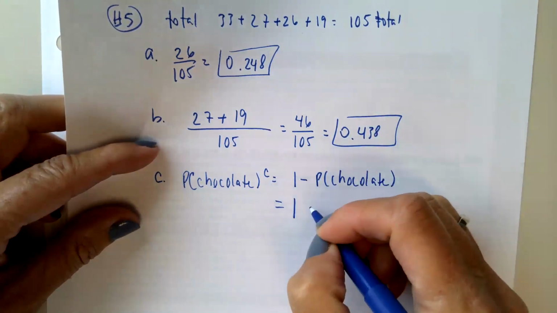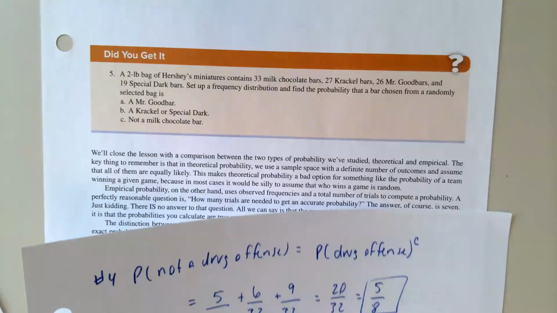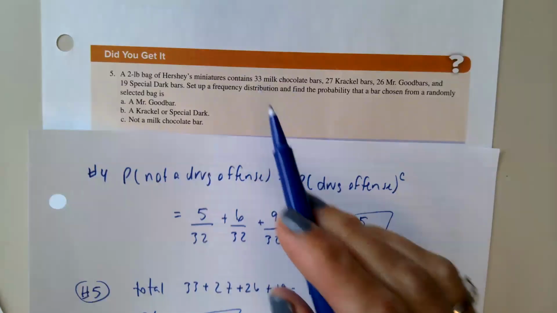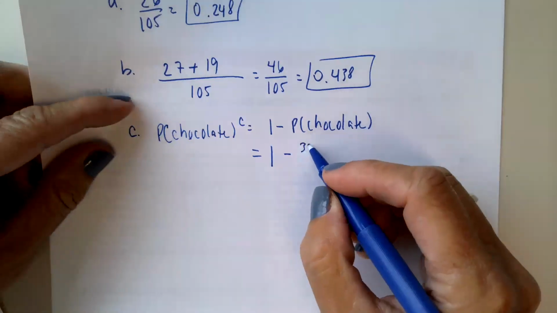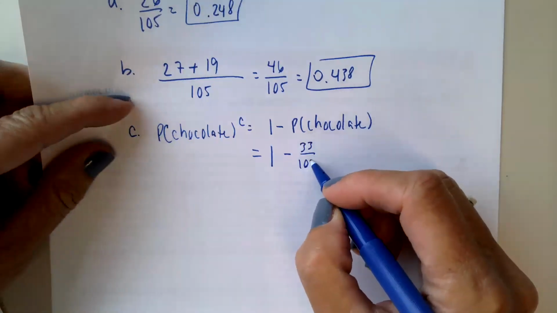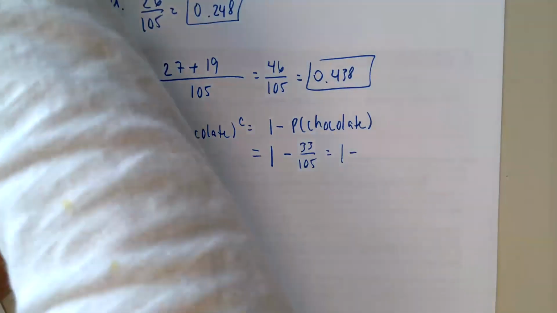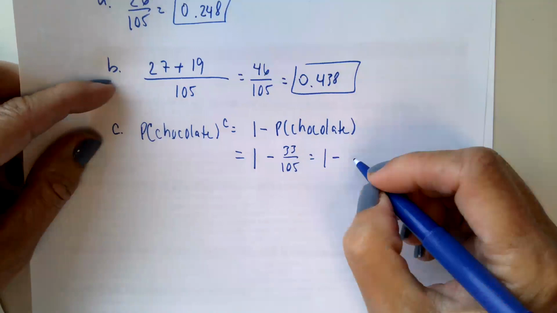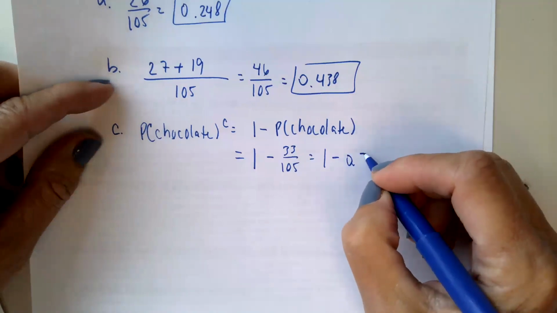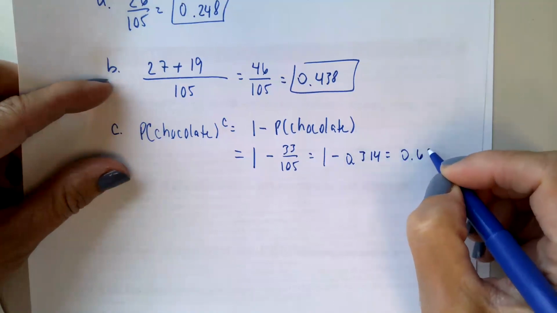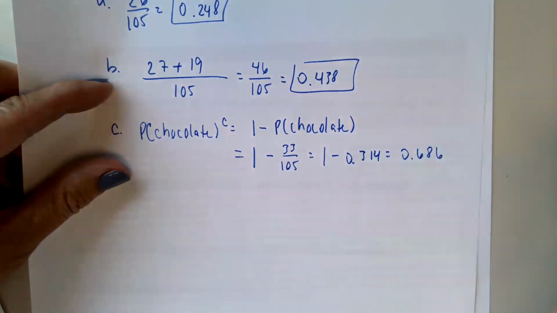So 1 minus the probability of chocolate, the milk chocolate, is 1 minus the 33 out of 105, which would be 1 minus 0.314, which would be 0.686.